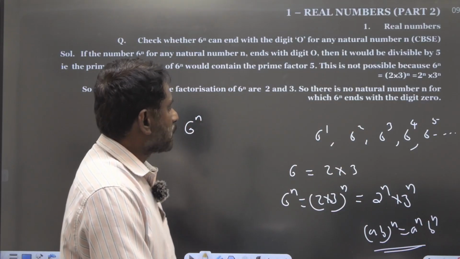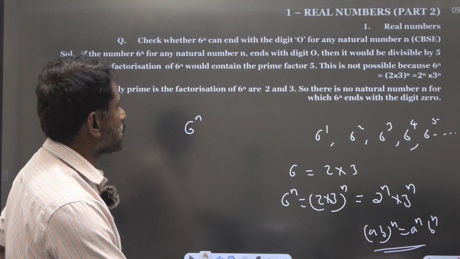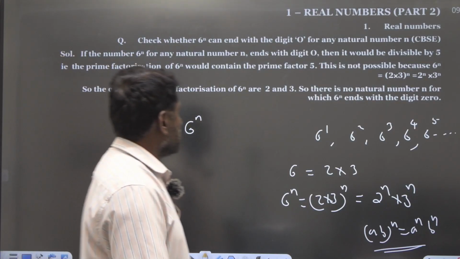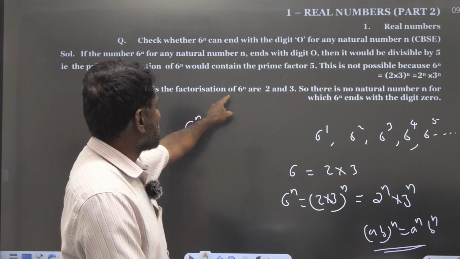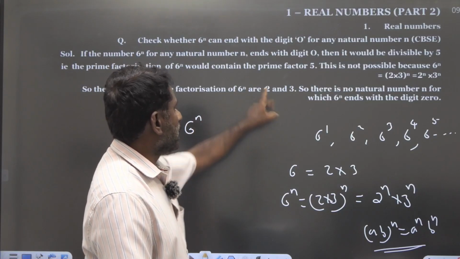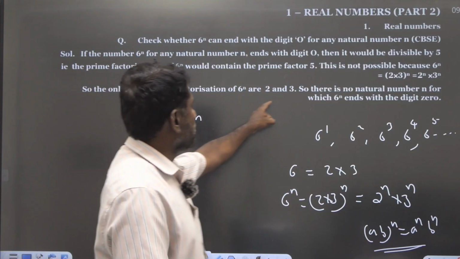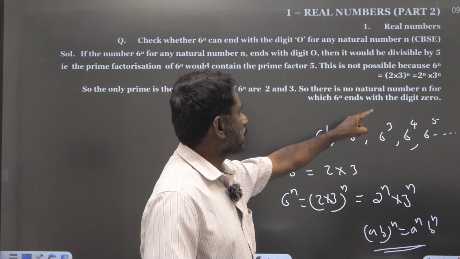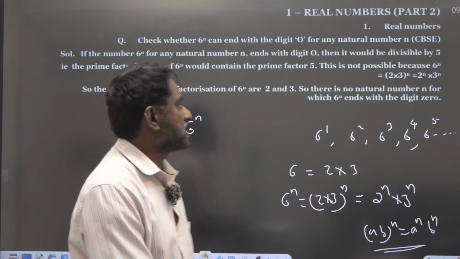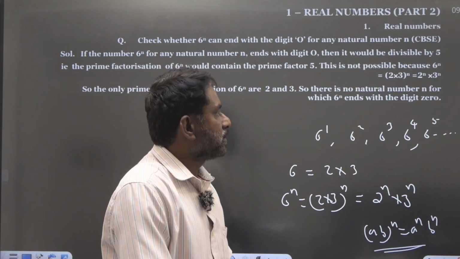So the only primes in the factorization of 6 raised to n are 2 and 3 only. So there is no natural number n for which 6 raised to n ends with the digit 0.